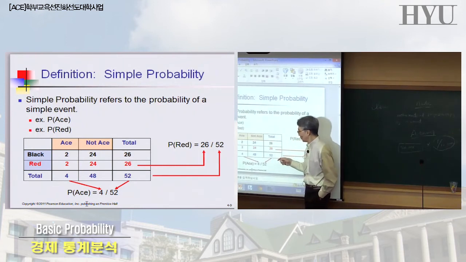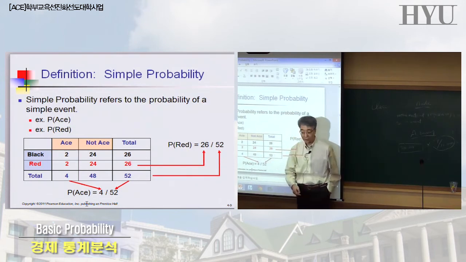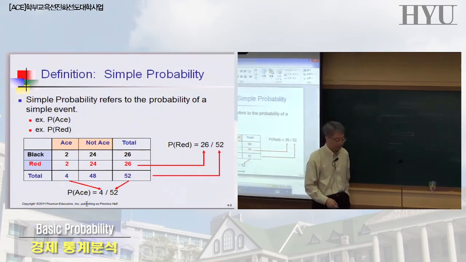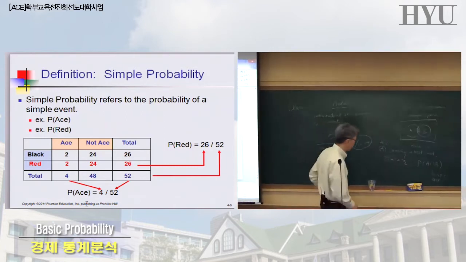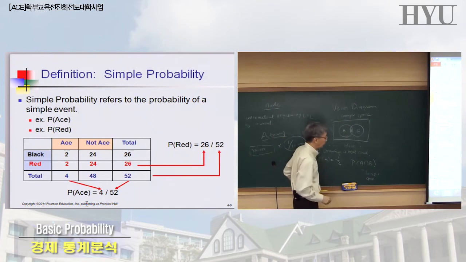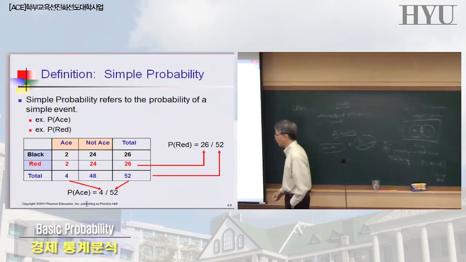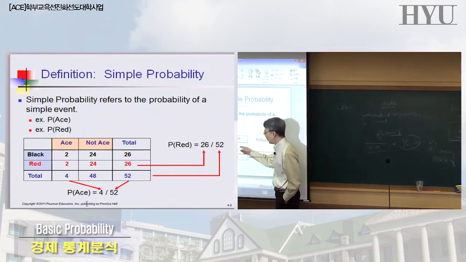So these numbers, these total rows here, are also called the margins. We'll talk about marginal probability soon, so the name comes from here. We find the simple probabilities on the margins.